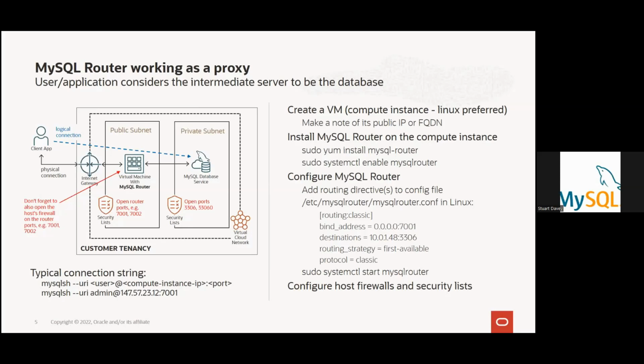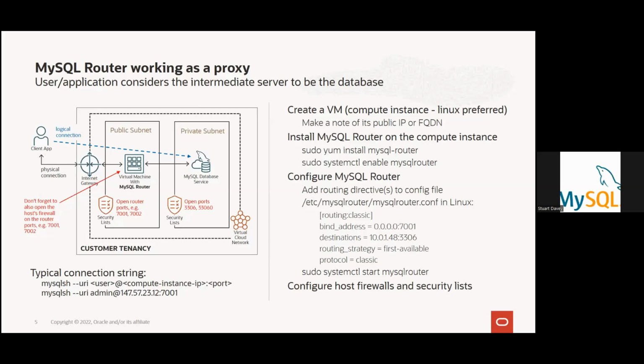You could use another number, but what you don't want to do is clash with a well-known port or anything like that. So 7001's good, 7002 is good, and so on. And then the destination is the destination of my MySQL database. 10.0.1.48 is the IP address of the MySQL database service, and 3306 is the standard MySQL protocol port.